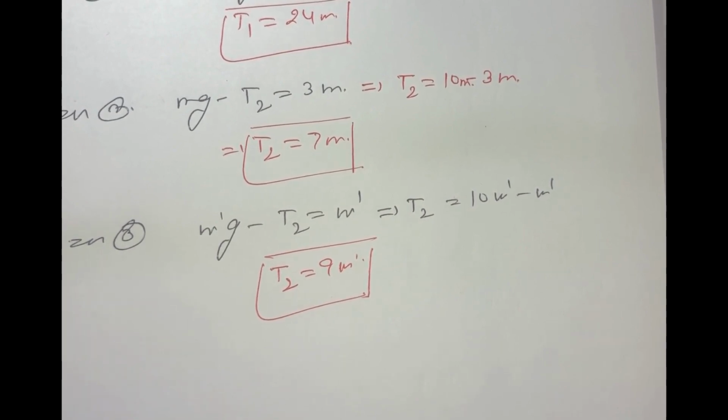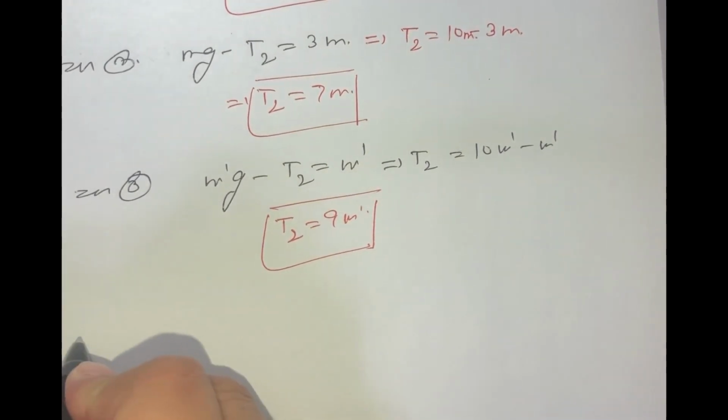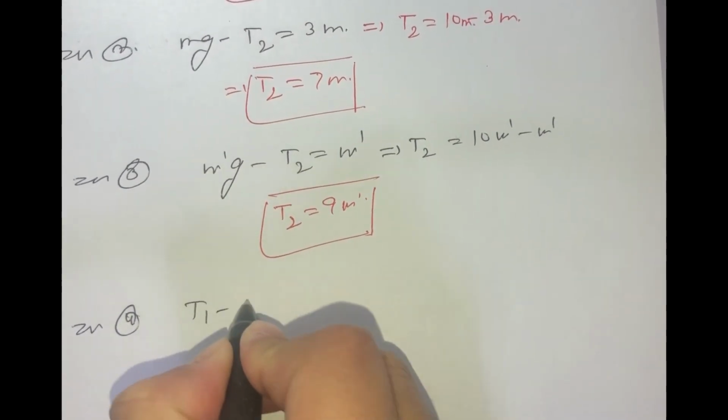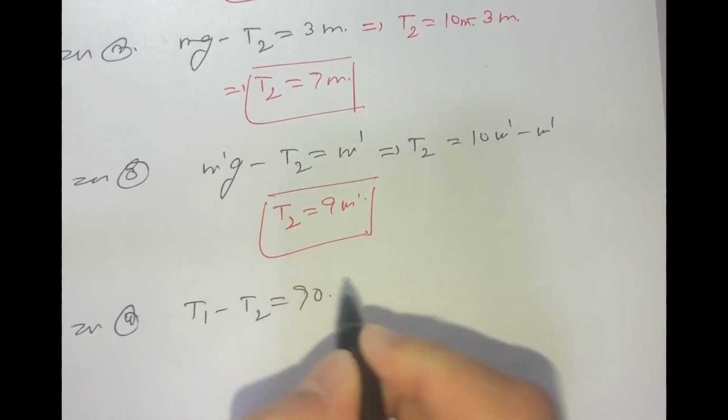Now equation 4, we have equation 4, which is T1 minus 2T2 is equal to 90.